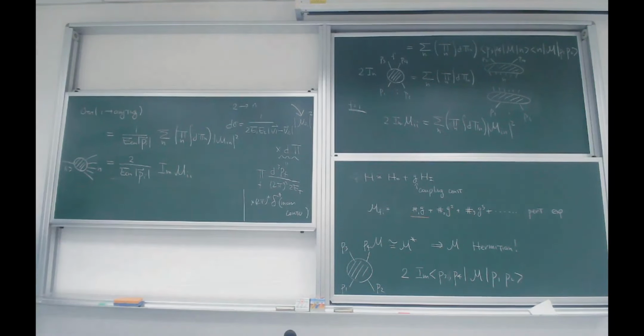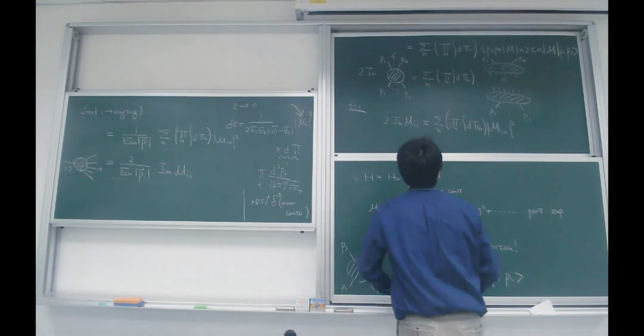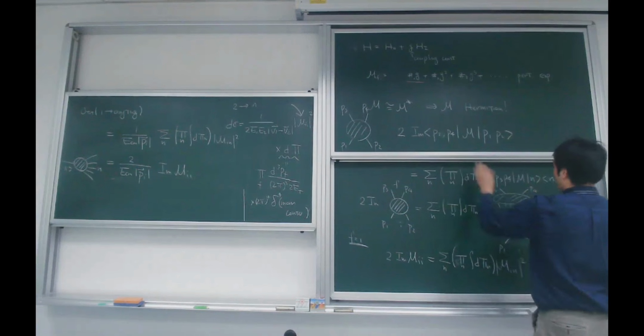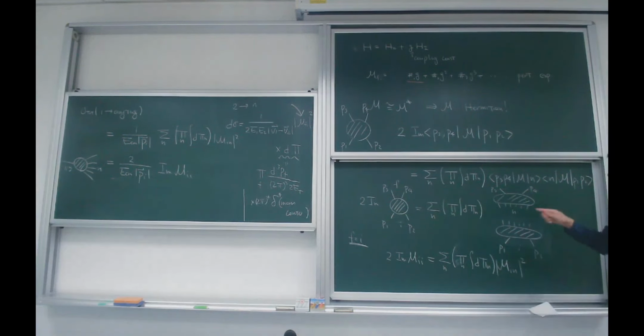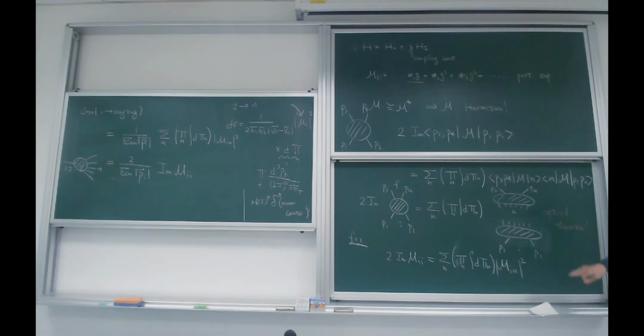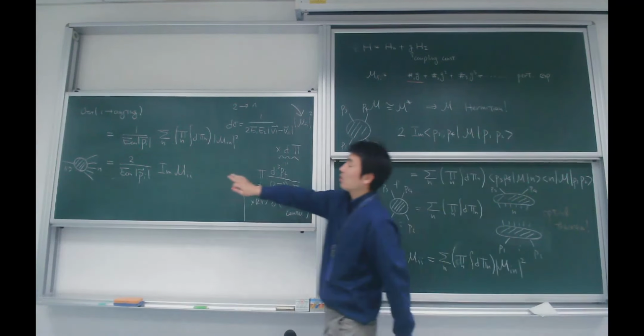I don't know which one is called the optical theorem, but usually this one is called the optical theorem. So this schematic diagram is called the optical theorem, and the consequence of the optical theorem is this equation.